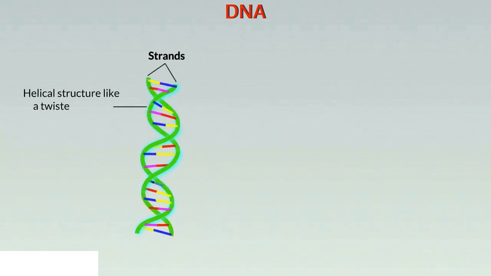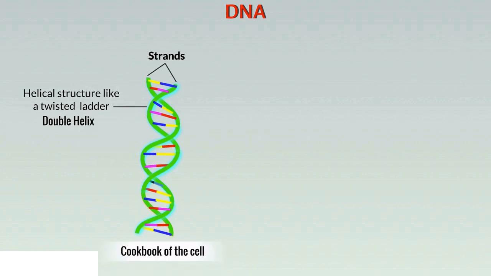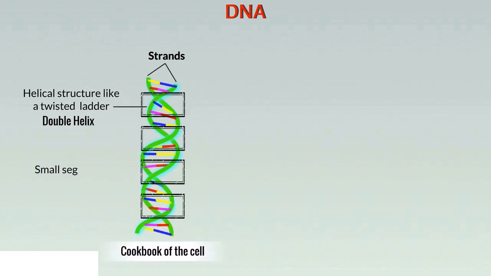A DNA is a long molecule consisting of two strands that form a helical structure like a twisted ladder. This structure is known as double helix. DNA is a cookbook of the cell which consists of thousands of small segments, some of which store the recipes to produce proteins. Such segments are known as genes.